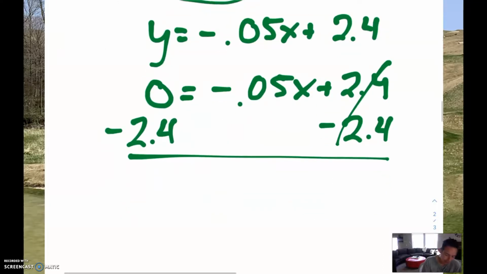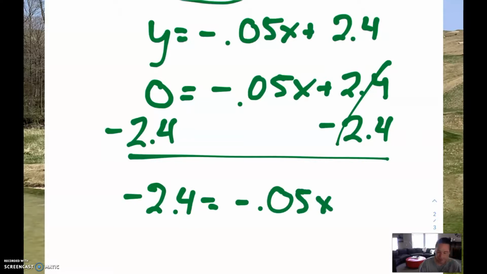And 0 take away 2.4 is a negative 2.4 equals negative 0.05x. Then, to get rid of the negative 0.05, right now it's multiplying, so to get rid of it, we have to divide. So we're going to divide by negative 0.05.